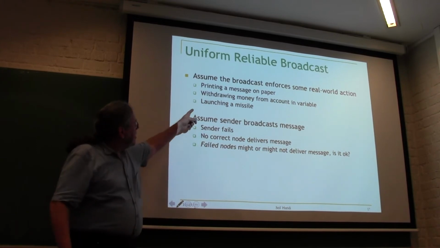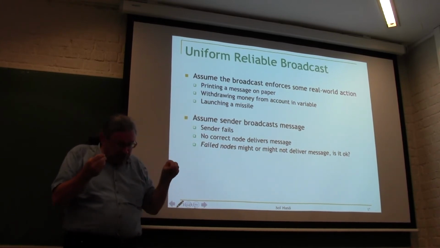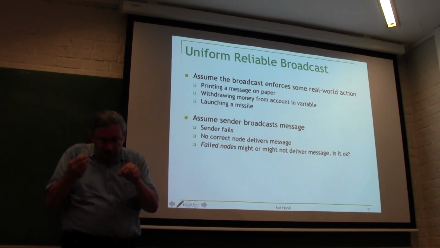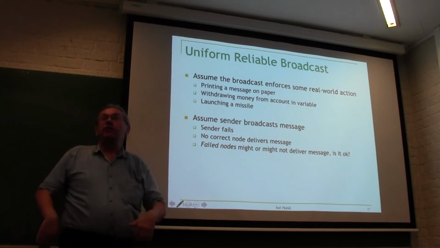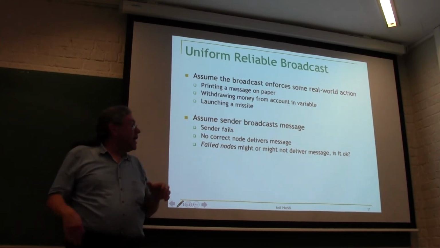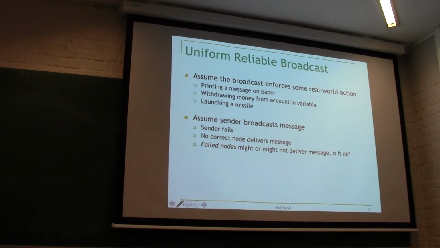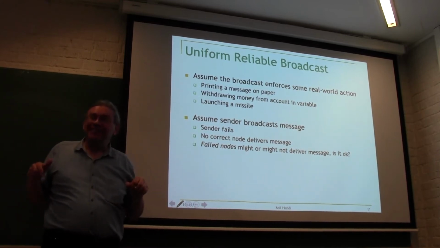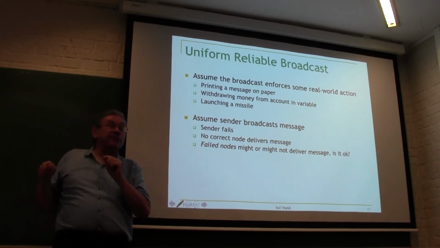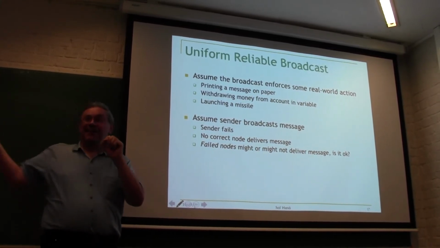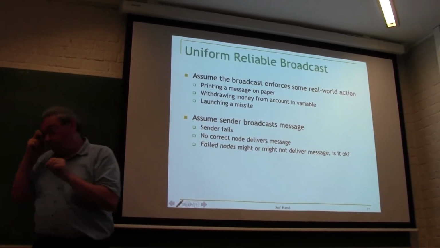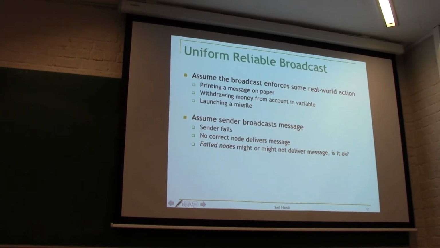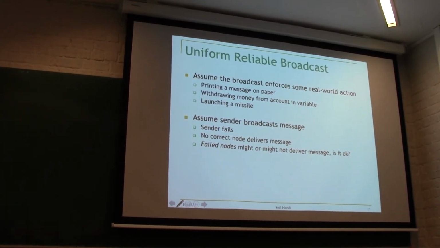Now let's say the broadcast goes to the missile silo, and then a bomb drops, and the missile silo is destroyed. So the missile silo is a failed node. But did it launch the missile or not? It could have launched the missile just before it got destroyed, right? The reliable broadcast will not tell me that. But uniform will tell me.